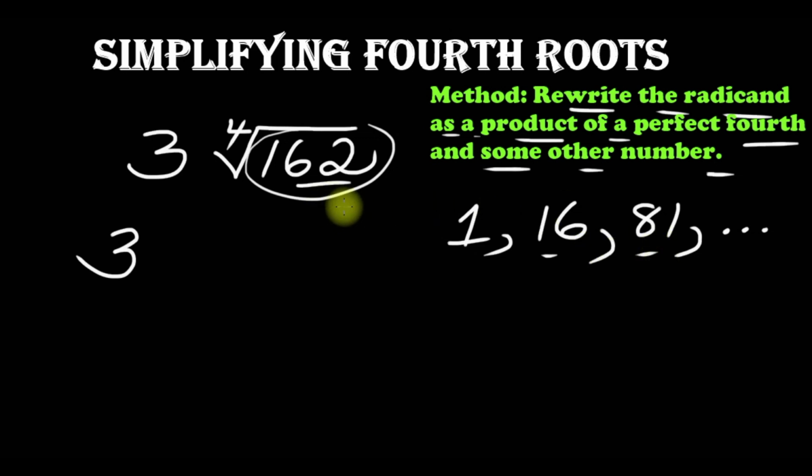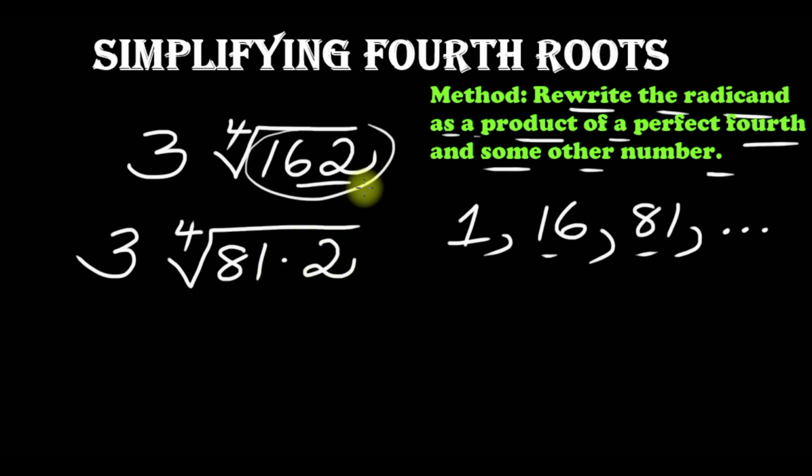Looks like 81 can go into 162 exactly. 81 can go into 162 2 times. So 81 times 2 is going to give you 162.